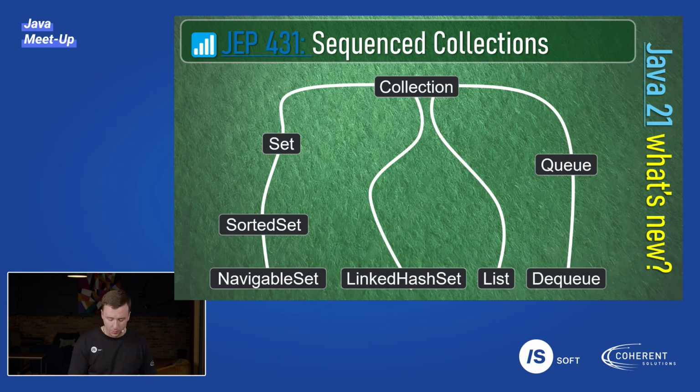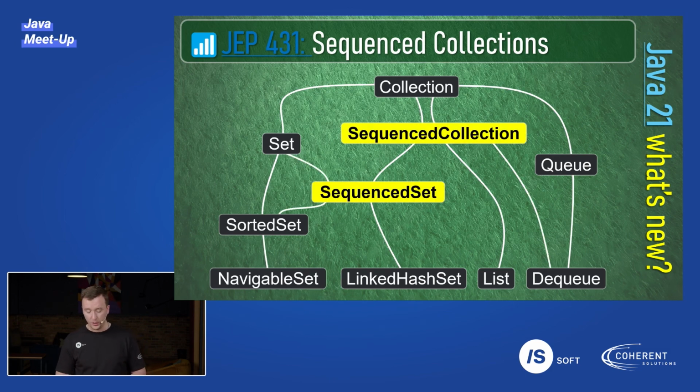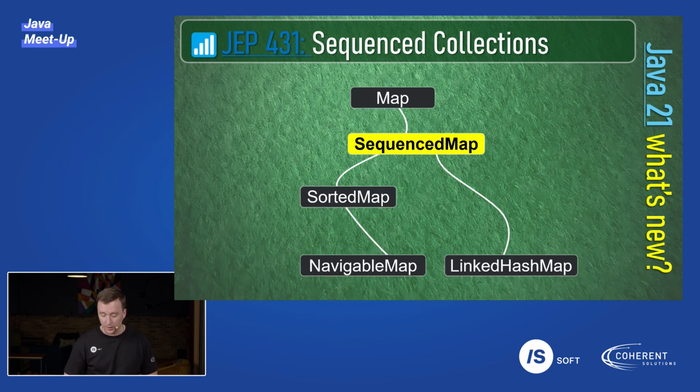Let me click on the space button, and yes, these are new constructions in the middle, which are called sequenced collection, sequenced set, and, like another little tree, the map side with sequenced map.